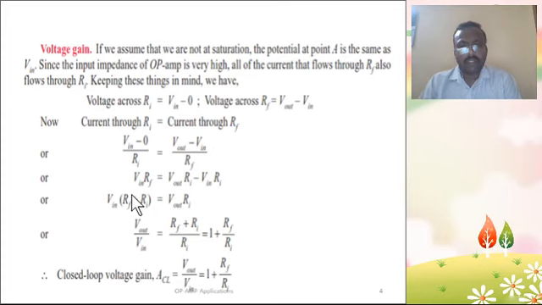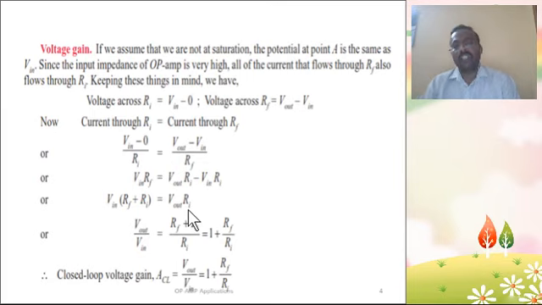So next we will form equation like this: Vin into Rf plus Ri is equal to V naught into Ri. So what is the gain of the amplifier?